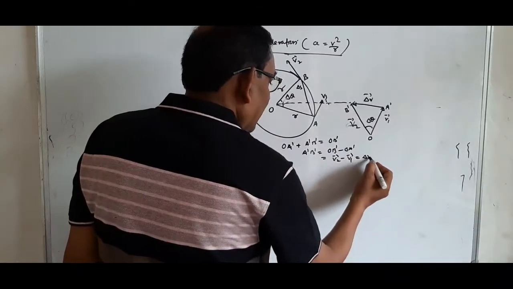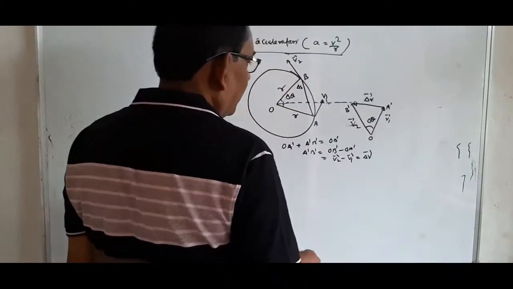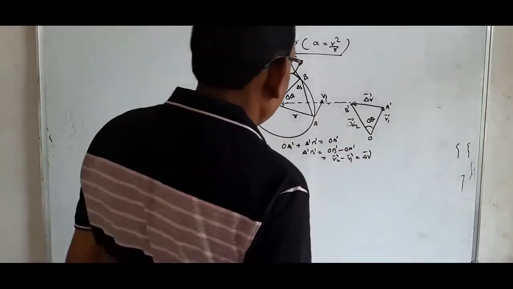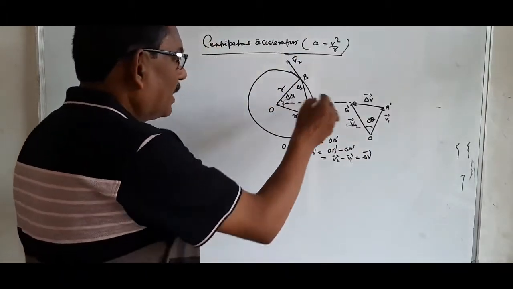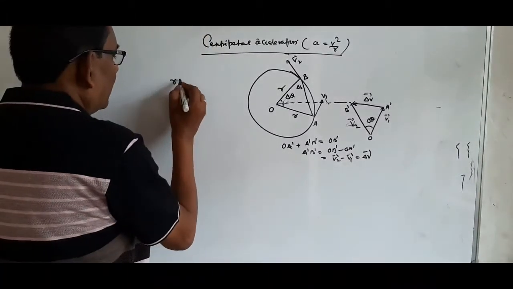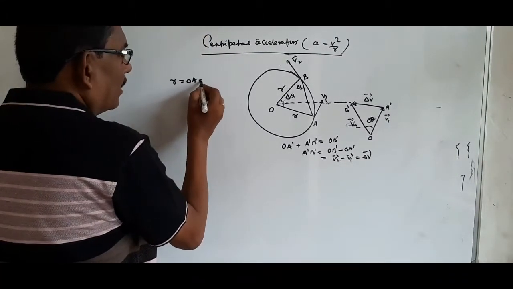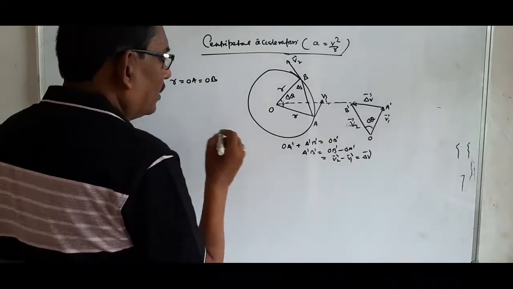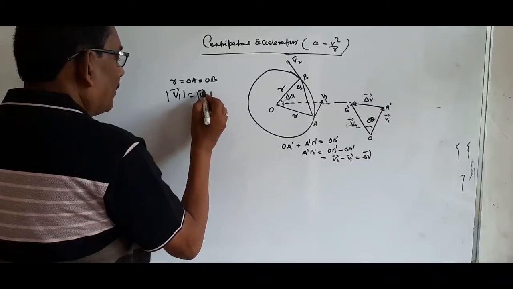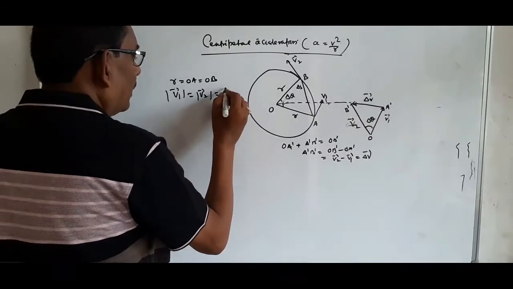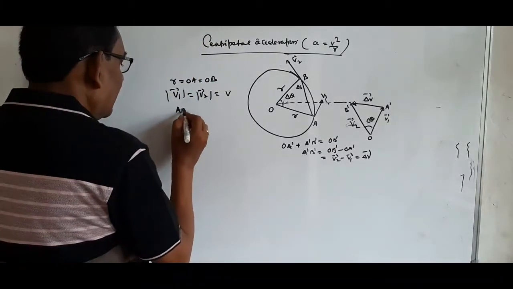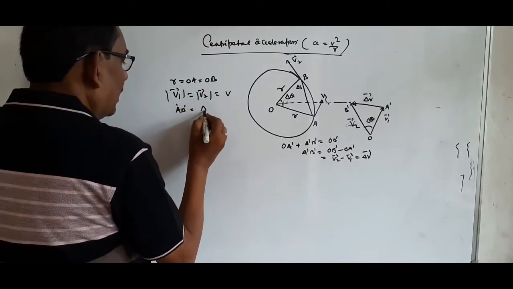This is your delta V. In this way you find delta V. Now compare these two triangles. These are similar triangles. Here R is the radius, R is equal to OA and it is equal to OB also. V1 and V2, the magnitude is the same. It is your V. A dash B dash is your delta V.